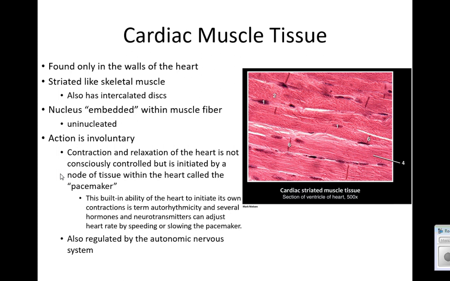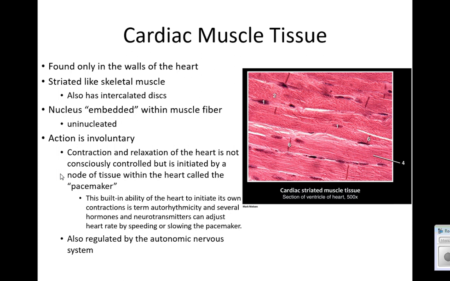We've also learned previously that things like hormones and certain neurotransmitters like norepinephrine can change the rhythm of our heart. We know the sympathetic nervous system, for example, is going to do what to the speed of our heart? Speed it up. And that's because it influences that pacemaker that we have. And we'll get to that in a couple weeks.